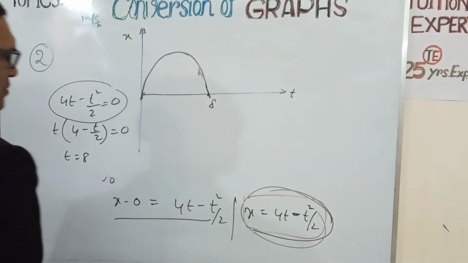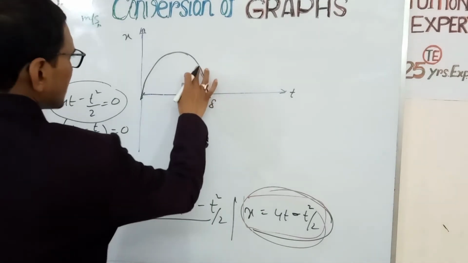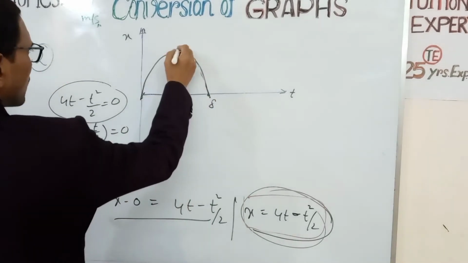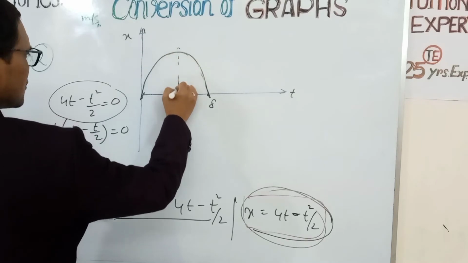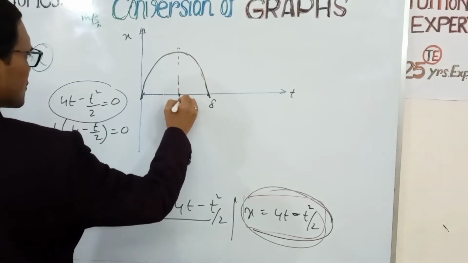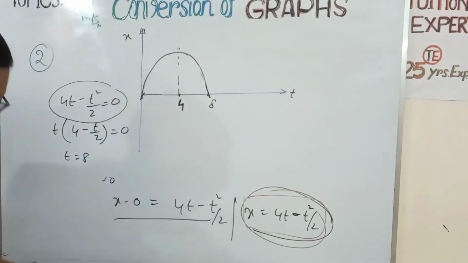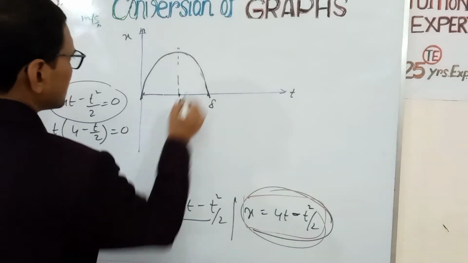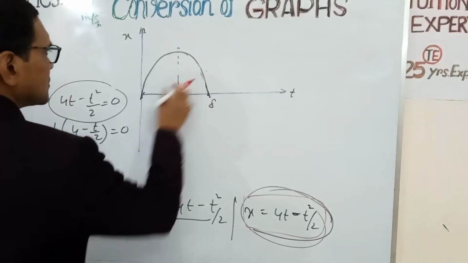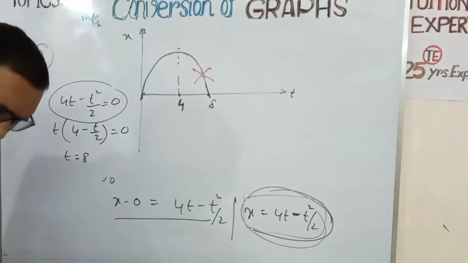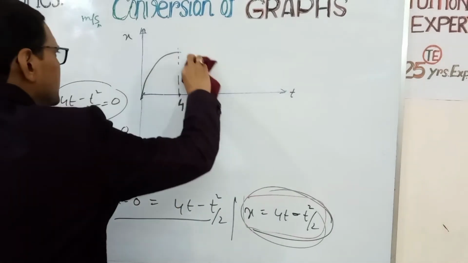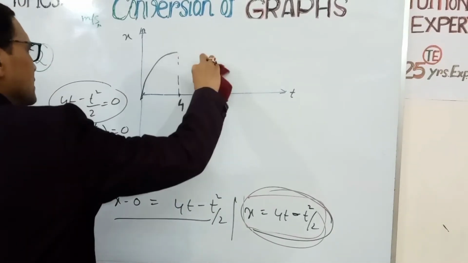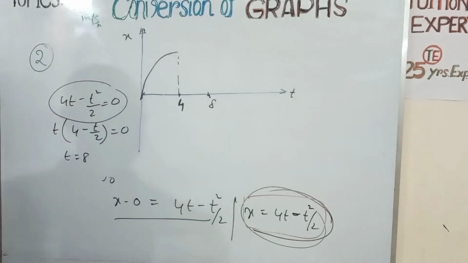Now we have to draw the graph only up to 4 seconds. This will be symmetrical up to 4, so we cut this part, and the curve will be like this way, because we have to draw from 0 to 4.